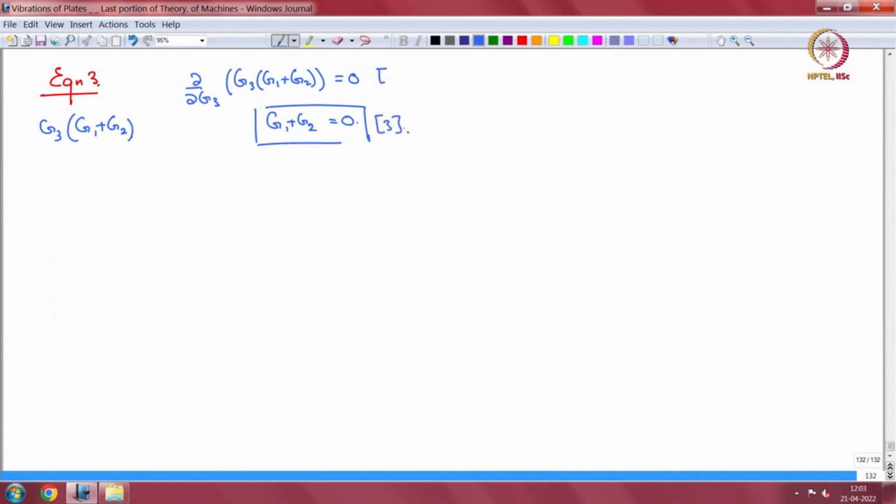Okay. So if we write the other two, I have EI by 2 [8 G1 by L cube plus 12 G2 by L cube] minus omega square m by 2 [twice G1 L by 5 plus twice G2 L by 6] plus G3 equal to 0.